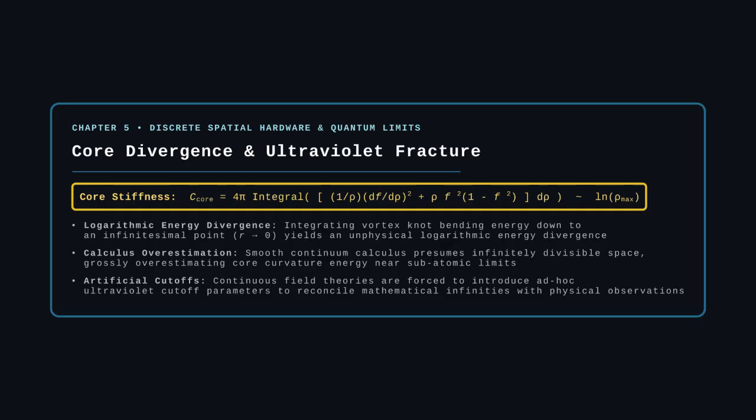Because continuous differential calculus presumes infinite spatial subdivisibility down to ε equals 0, smooth field integrations overestimate the localized core curvature energy of subatomic particles, requiring artificial mathematical cutoff parameters to match real-world observations.